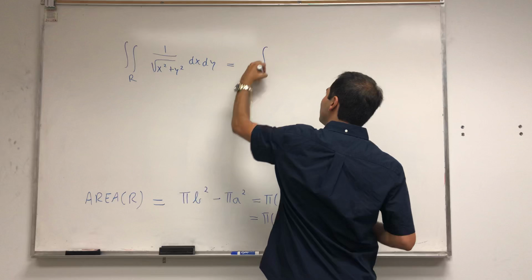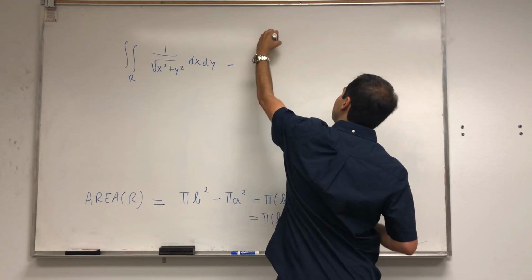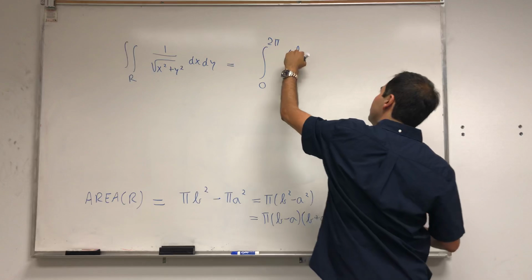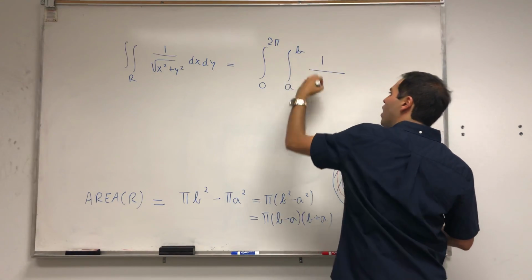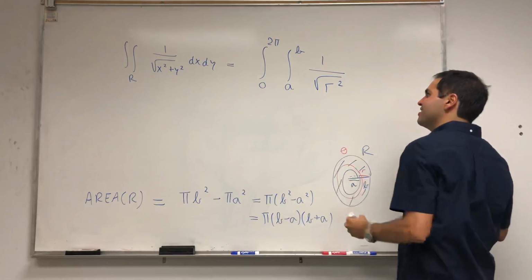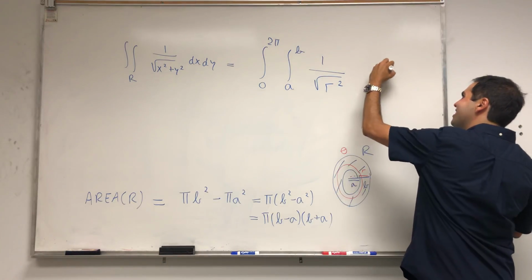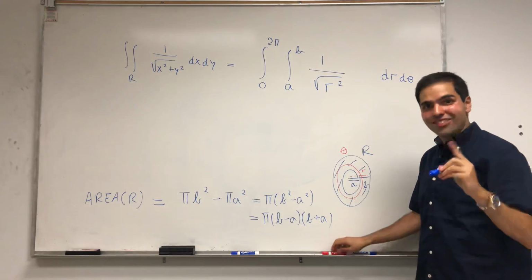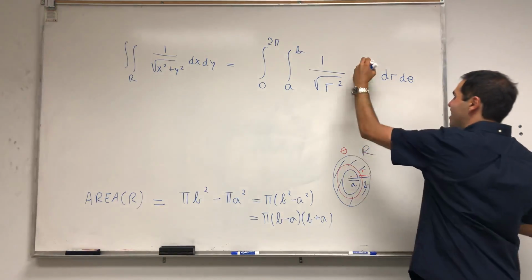Therefore, this whole integral becomes the integral from 0 to 2 pi, integral from a to b, of 1 over square root of x squared plus y squared, which becomes square root of r squared, dr d theta, except do not forget about this extra factor of r.